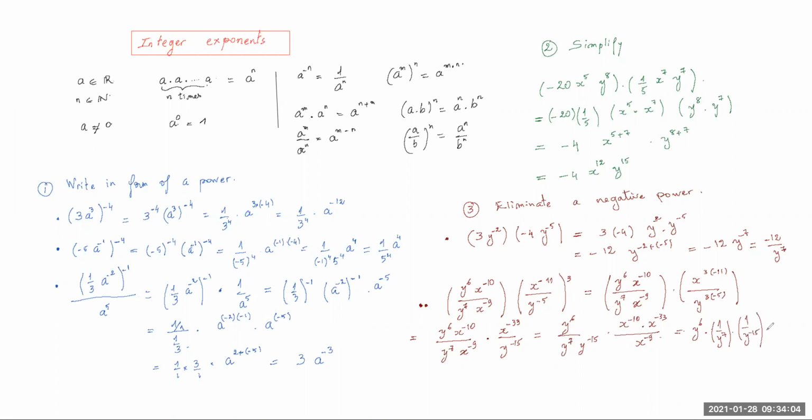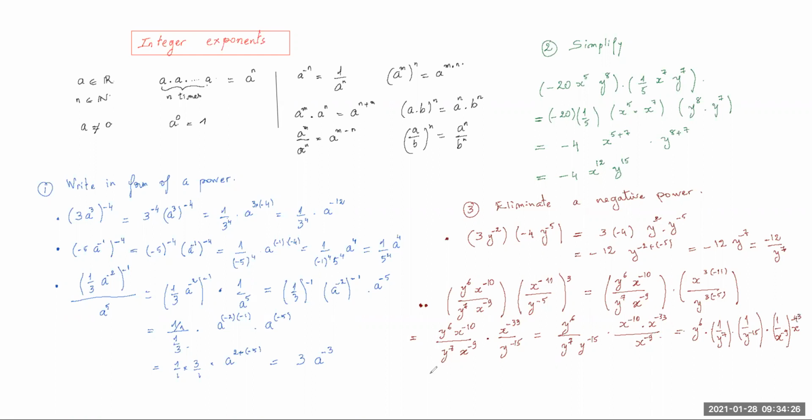And similarly, times 1 over x minus 9, and the other terms in x minus 10. So I can add those two powers. Minus 10 minus 33 will be minus 43.